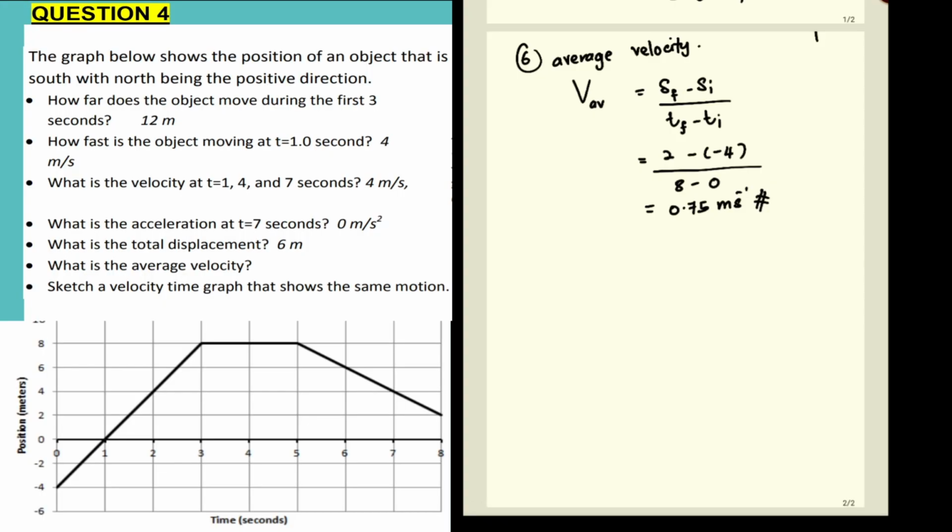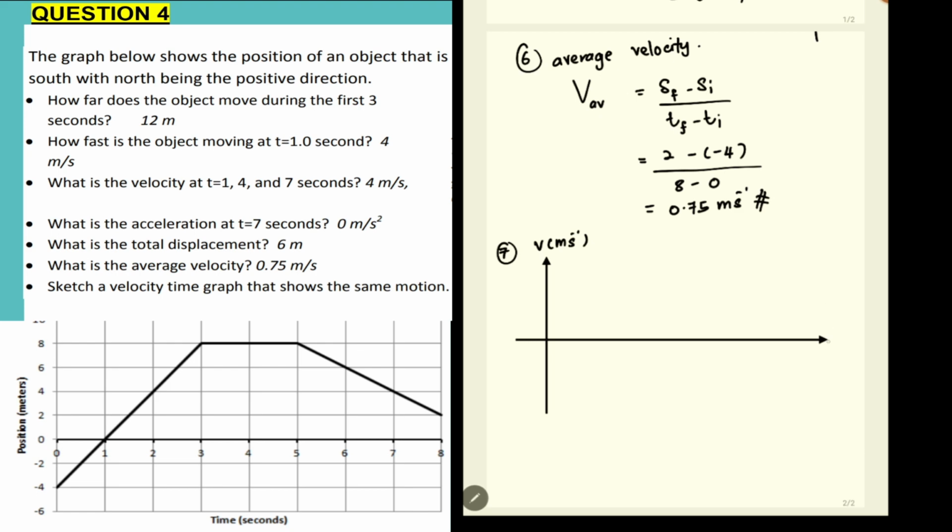Okay, so the last question is sketch a velocity time graph that shows the same motion. Okay, let's try. Label the y and x axis. So we have t, from 0 to 8 seconds. So we have 1, 2, 3, 4, 5, 6, 7, 8. And then we need to calculate first the velocity from 0 to 3 seconds.